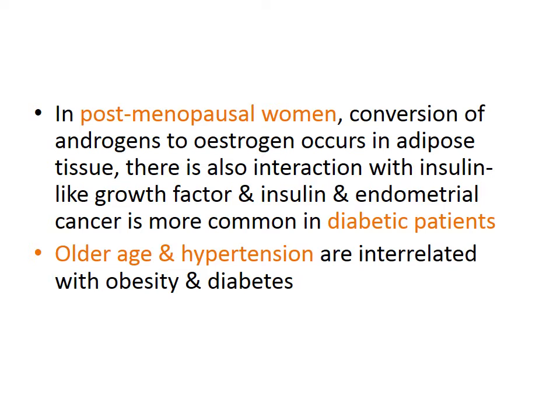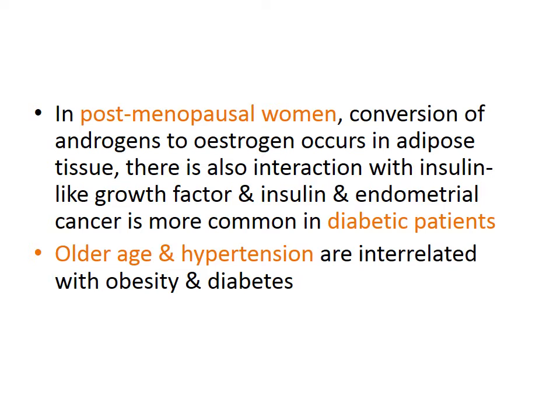It is from the peripheral conversion in adipose tissue of androgens to estrogen. As well, those who are diabetic are at increased risk of developing endometrial cancer because it has been found there is an interaction with insulin like growth factor and insulin.